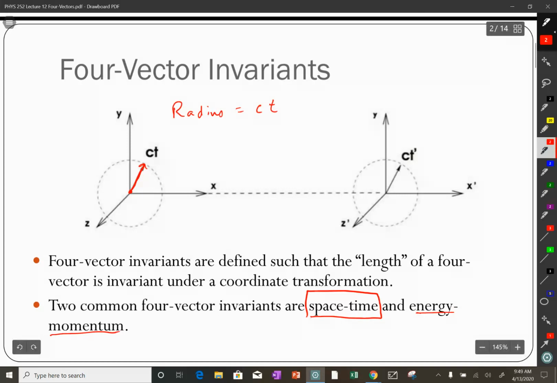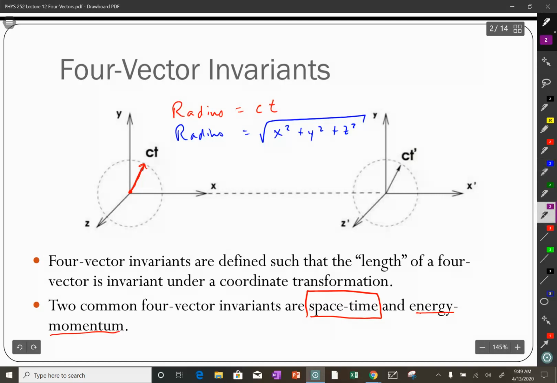But we can also use the Pythagorean theorem to find what the radius is in terms of x, y, and z. Now this is a three-dimensional Pythagorean theorem. Radius is equal to the square root of x squared plus y squared plus z squared.